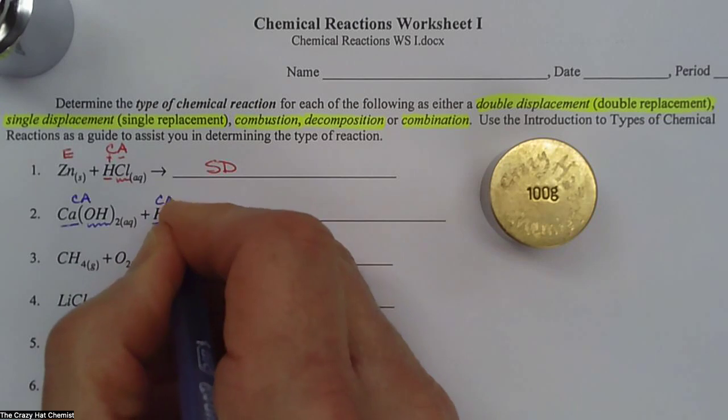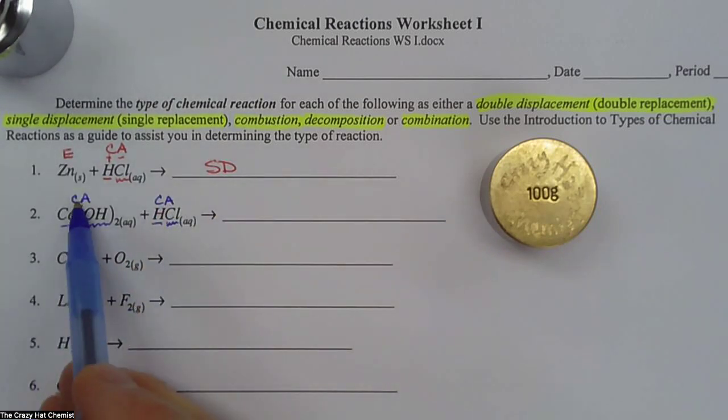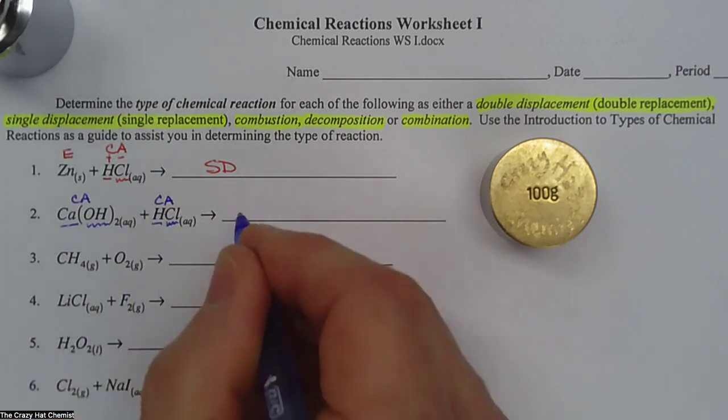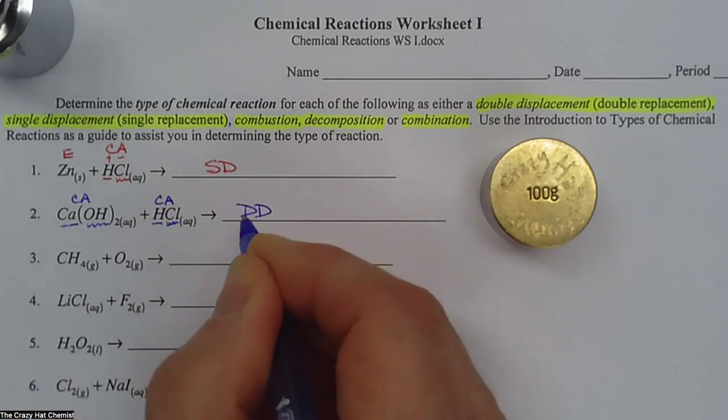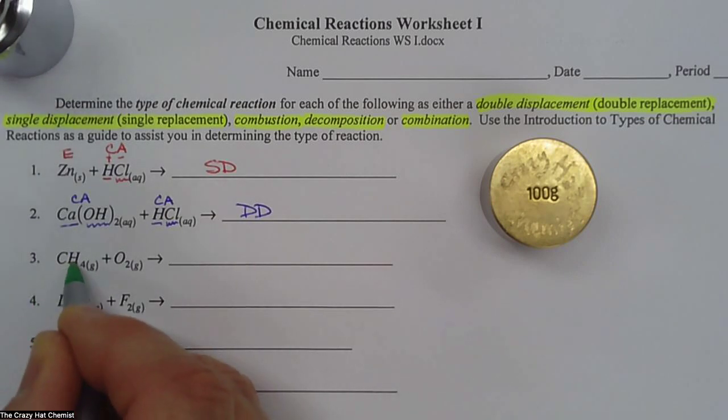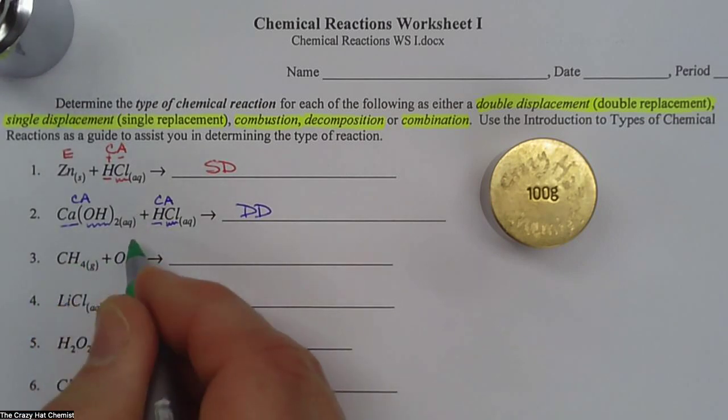That is a cation-anion. So when I see 2 Californias separated by a plus sign, that means it's a double displacement or a double replacement reaction. Perfect.